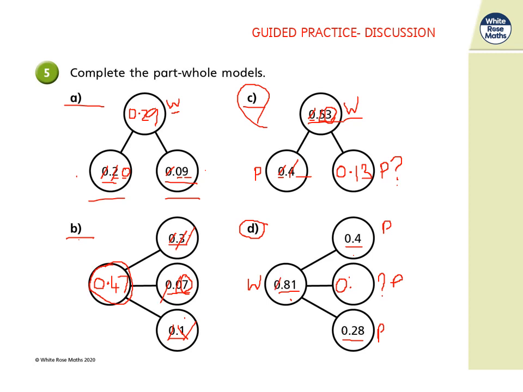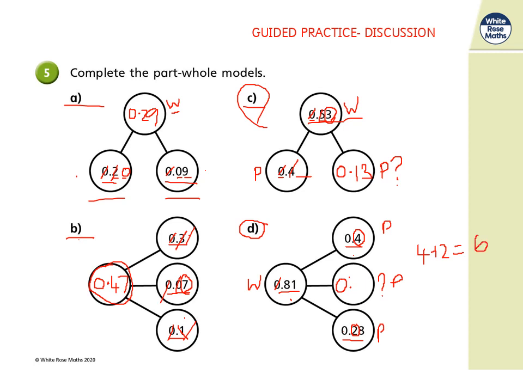So I've dealt with my ones column. Now looking at my tenths column, looking at the parts I already have, I have 4 tenths, so 4, and I have 2 tenths. So 4 add 2 equals, what does it equal? Yes, 6.